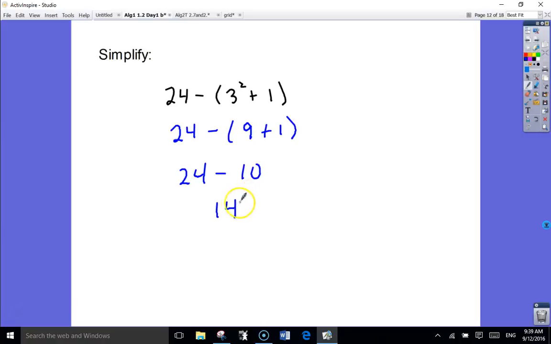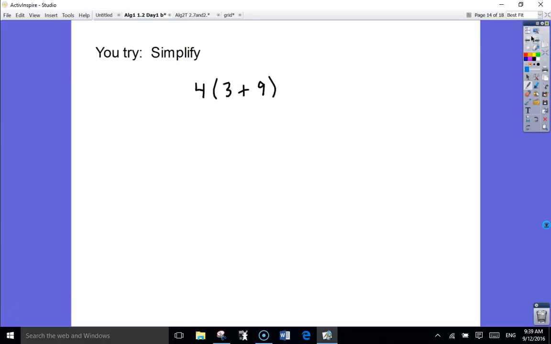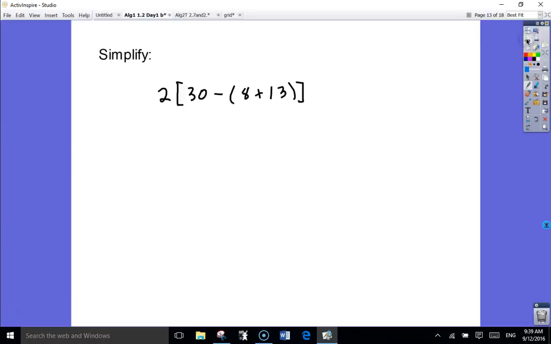So I think I've got a few you tries with this. Oh no, I guess I have another one for me. Okay, what should I do first? Yeah, there's parentheses inside of square brackets, so I need to go to the inner parentheses and do that first. 2 times 30 minus, what is 8 plus 13? 21.